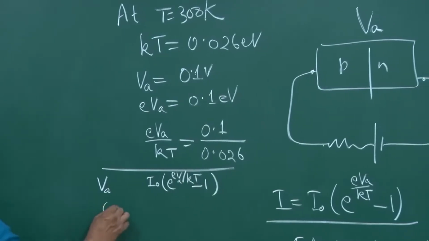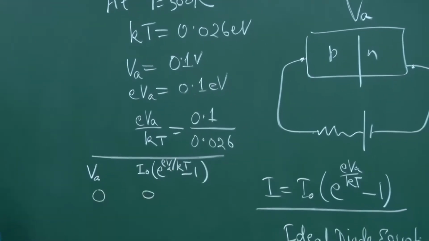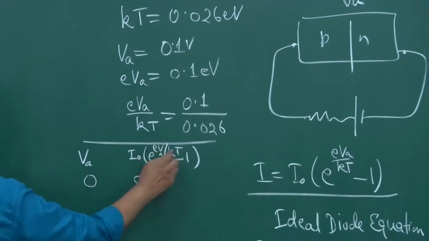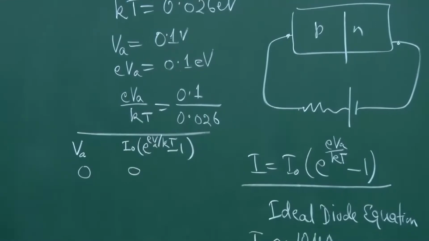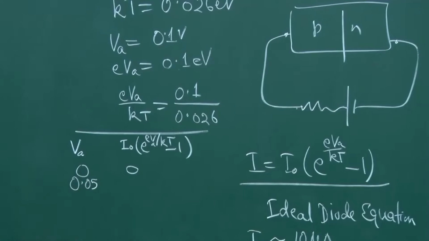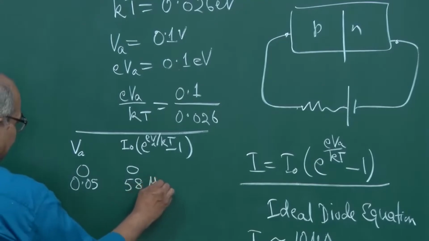So at 0, this is 0. This is fine. At VA equal to 0, you have e to the power 0 equal to 1, 1 minus 1 is 0. Then if you take 0.05 volt, it becomes 46 microamperes.